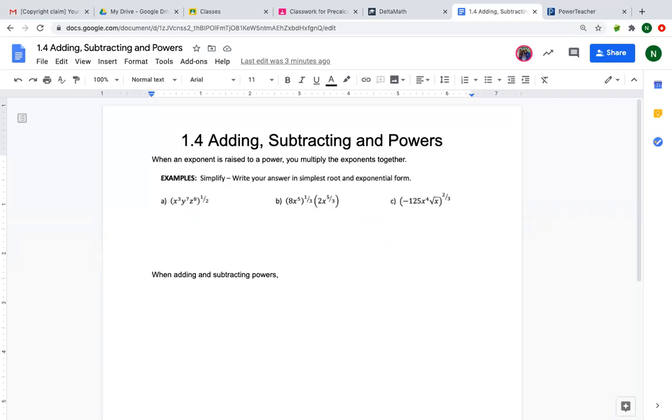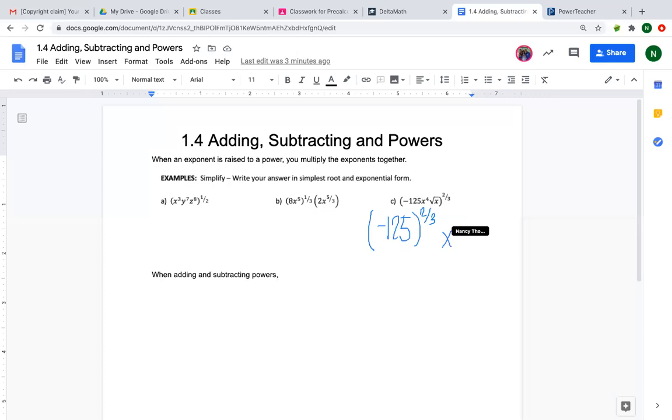Okay, so for C, the first thing I'm going to do is leave it the same. So we would have -125, and we raise that to the 2/3 times x.